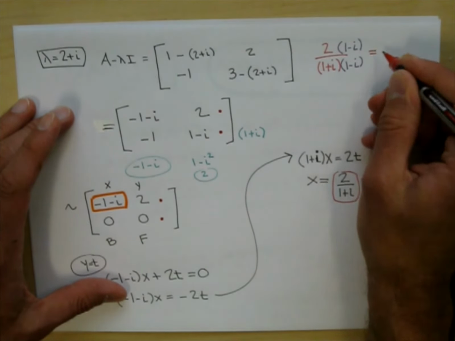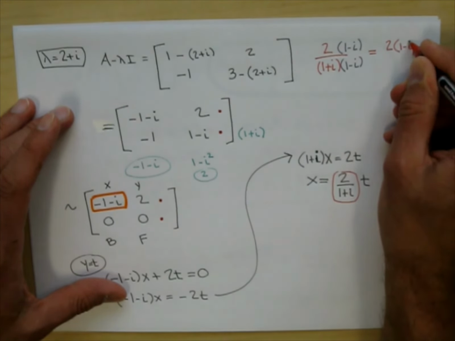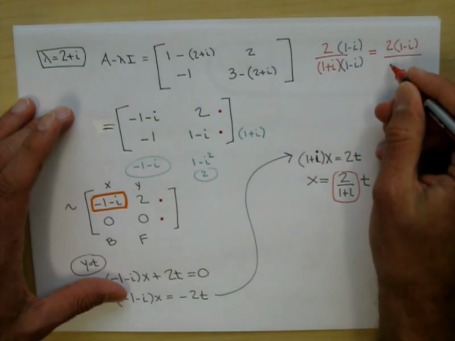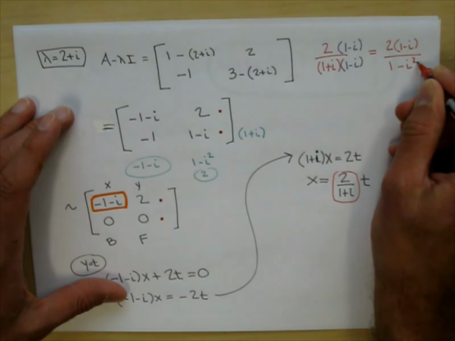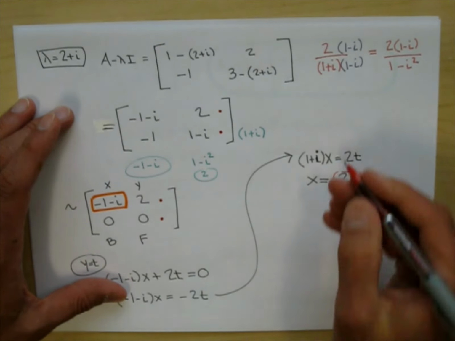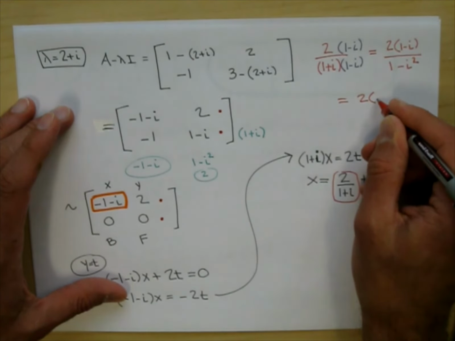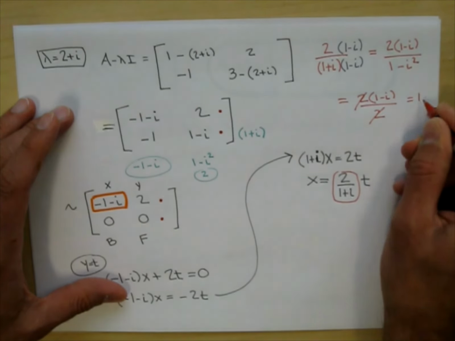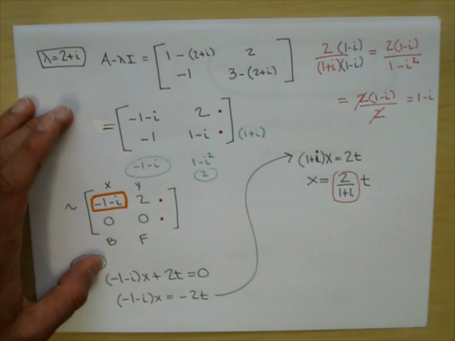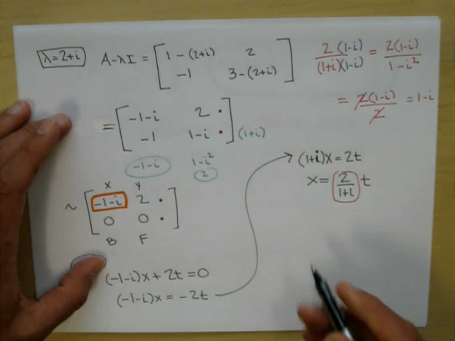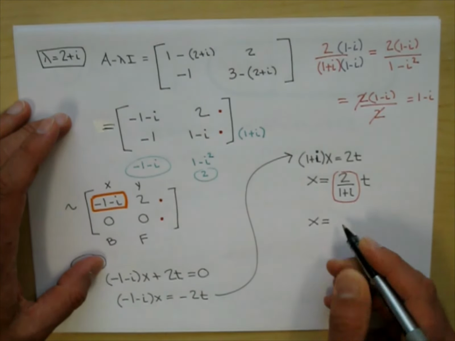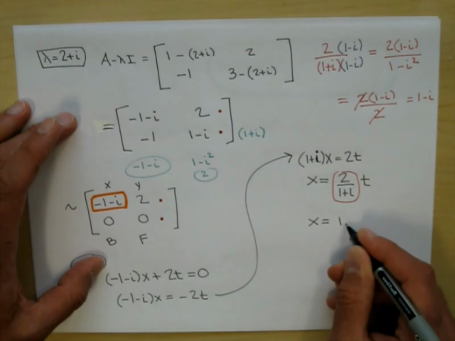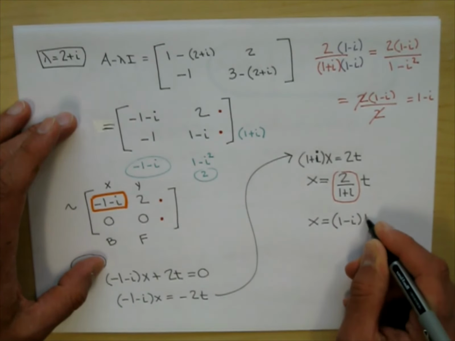So what I end up getting is 2 times 1 minus i. And on the bottom I have 1 minus i squared, which reminds you of this over here. 1 minus i squared happens to be 2. The 2's cancel and you have 1 minus i. So this x should be written like this. You should never have i's in the denominator. So it should be written as 1 minus i times t.